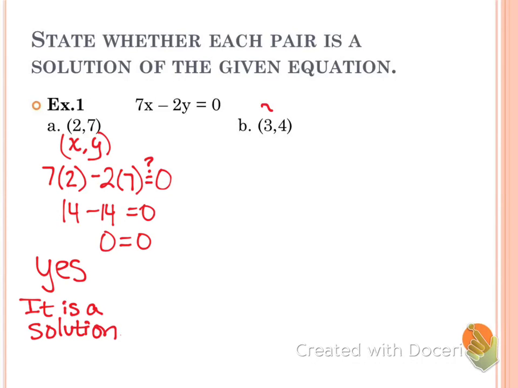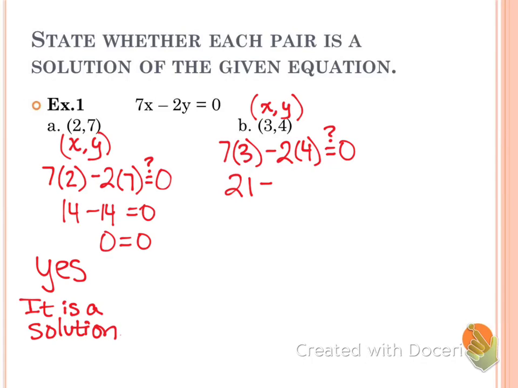So again, over here we've got x comma y. So we're going to try again here. We've got 7 times 3 minus 2 times 4 equals 0. Again, we're wondering if that's true. What's 7 times 3? 21. Minus 2 times 4?